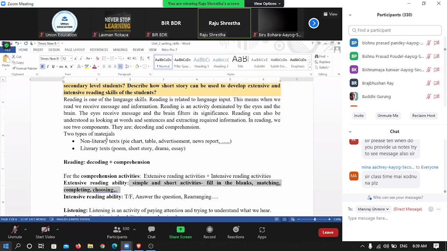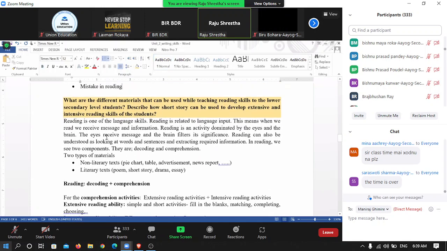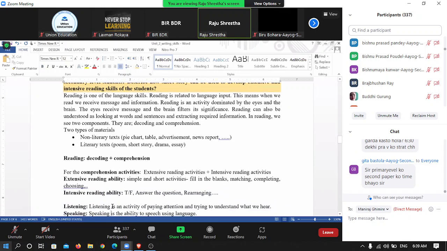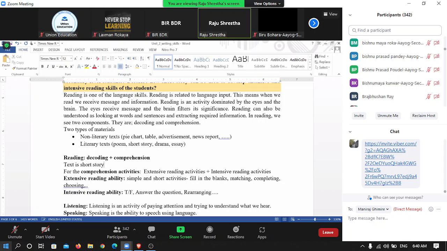So going to the question above: what are the different materials that can be used while teaching reading skills to lower secondary students? Describe how short story can be used to develop extensive and intensive reading skills. So you can write that the text is short story, you can even put it in bullets.